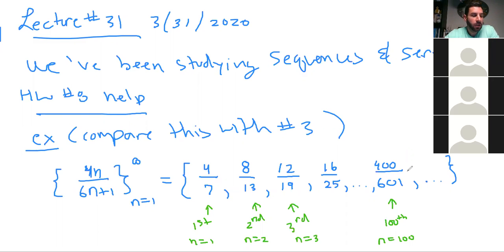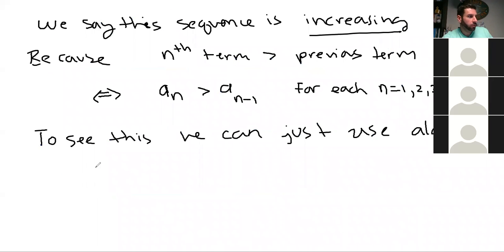Now, how do you verify that mathematically? We can use algebra. How do we show something's greater than something else? Let's take the nth term and do some algebra. Let's look at a sub n.